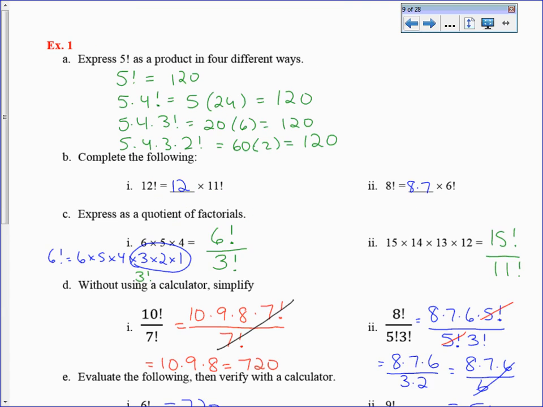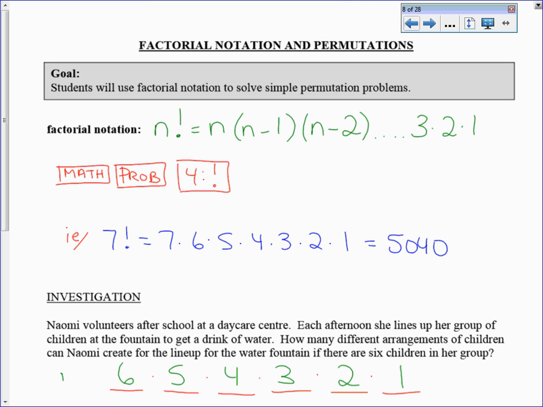I'm getting a little bit ahead because we do this again tomorrow as well. So n has to be greater than or equal to 1. And 0 factorial equals 1. Those are just two things to remember. But we do talk about it again tomorrow.